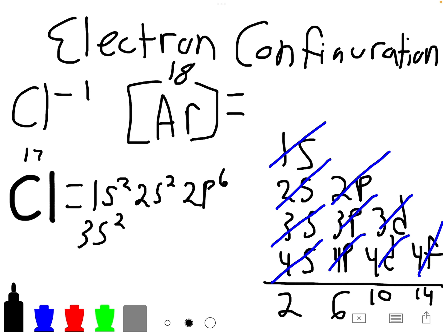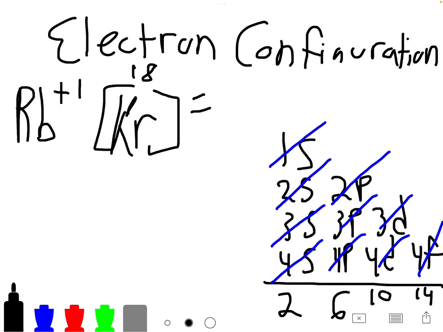So far we have 2, 4, 10, 12. We have 12 so far. Then we go 3p. So 2 and 2 is 4. 4 plus 6 is 10. 10 plus 2 is 12. 12 plus 5 is 17. So that is your breakdown of chlorine.